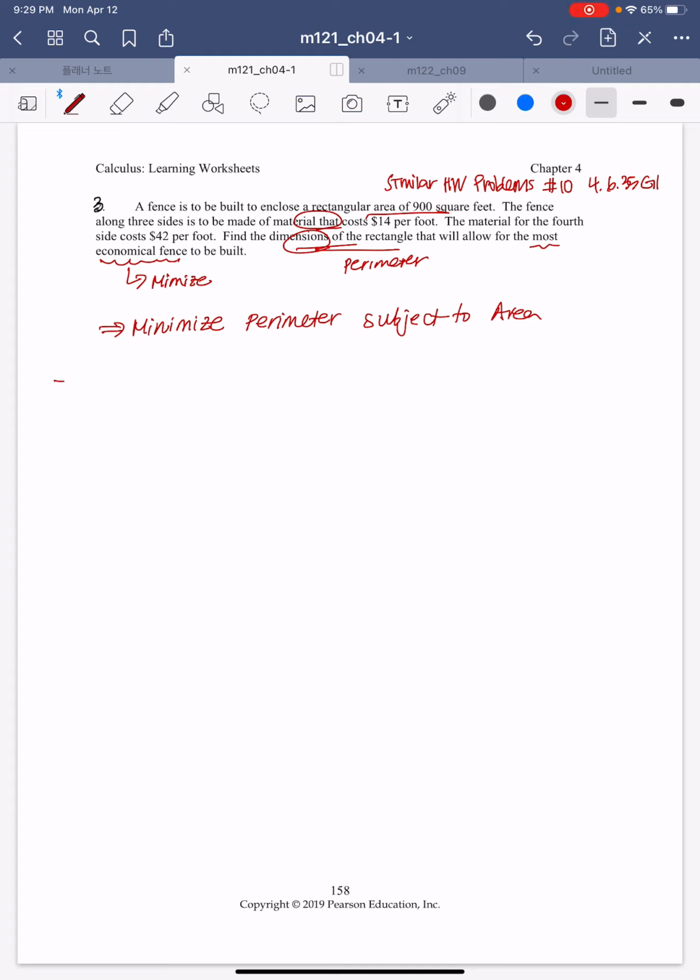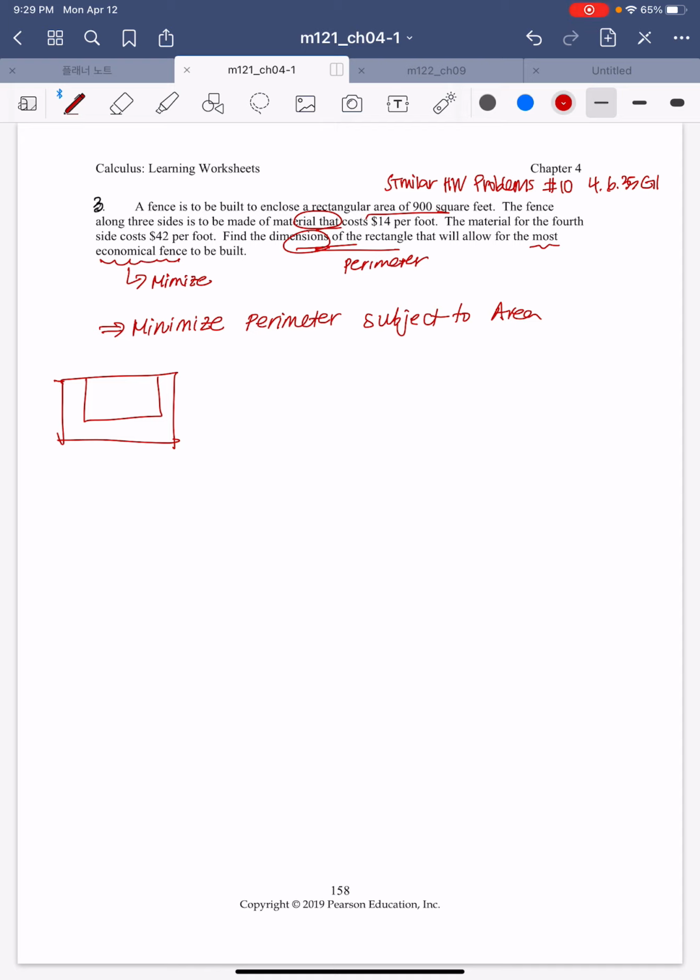So if you have this rectangular area, a fence is to be built to enclose a rectangular area of 900 square feet. Fence along the 3 sides are made. So here we have this part here. This is what's going on.